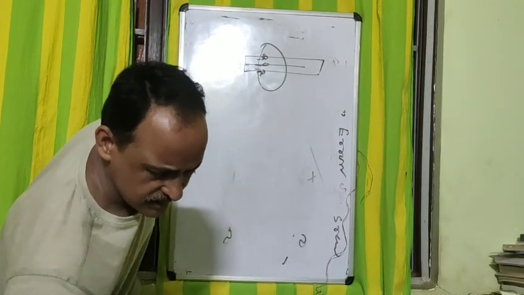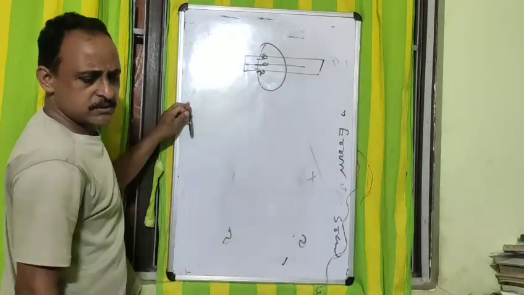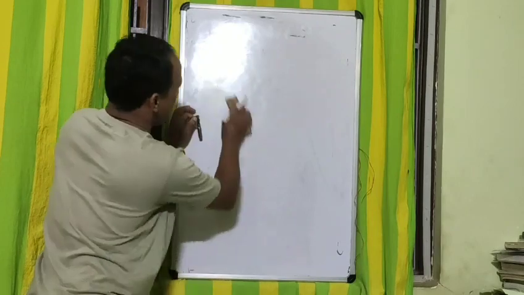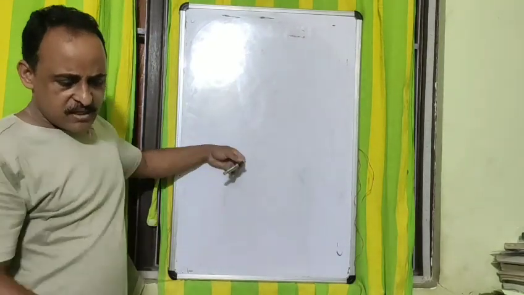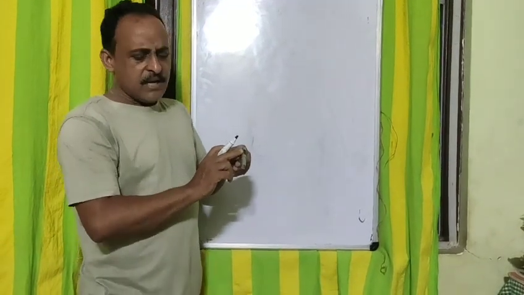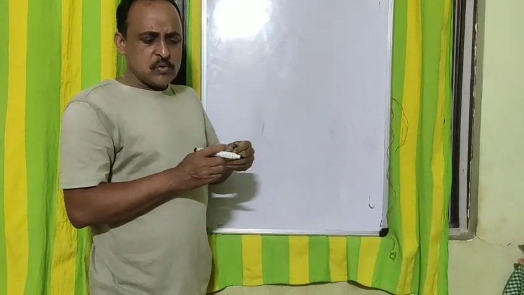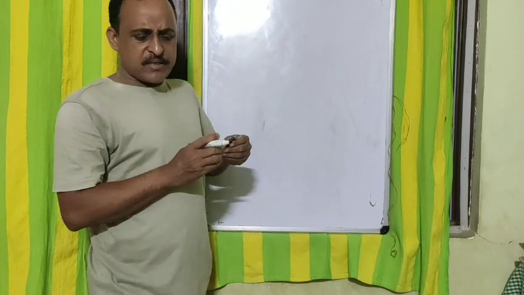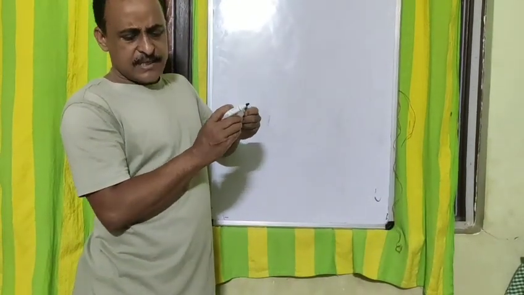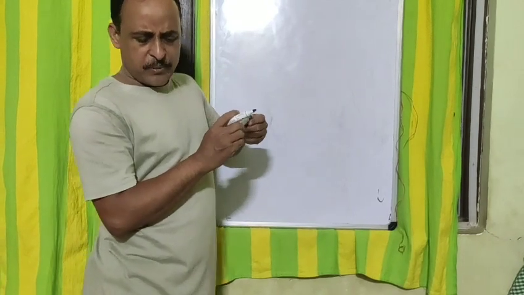Then we discuss backlash error and how to avoid it. When the spindle is brought in close contact with the stud and the zero mark of the circular scale coincides with the baseline, the instrument is free from zero error.